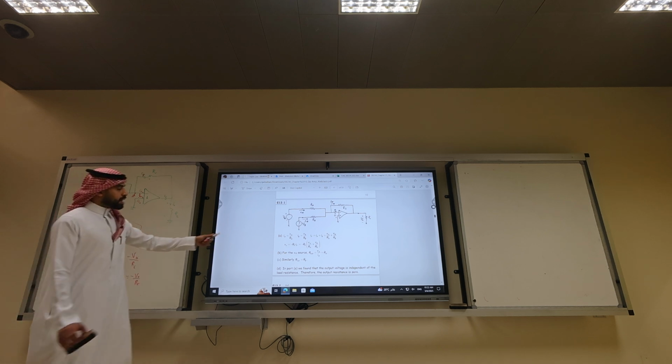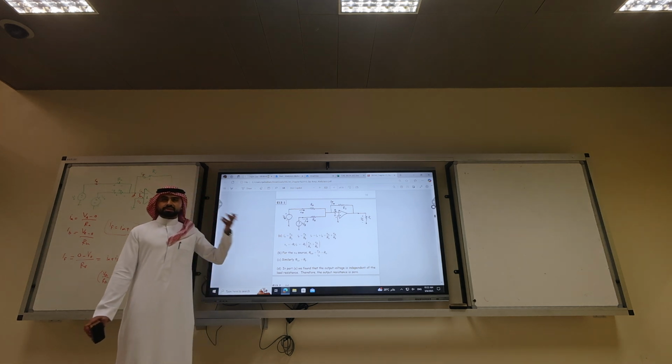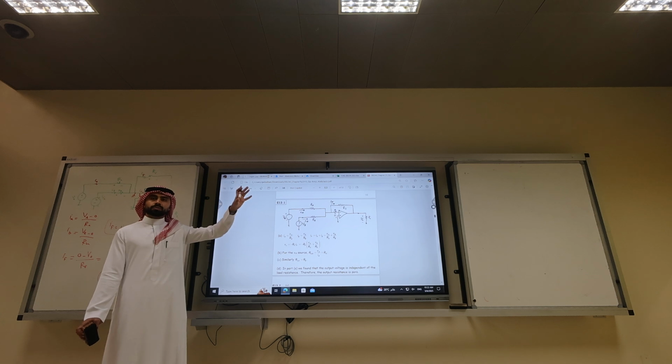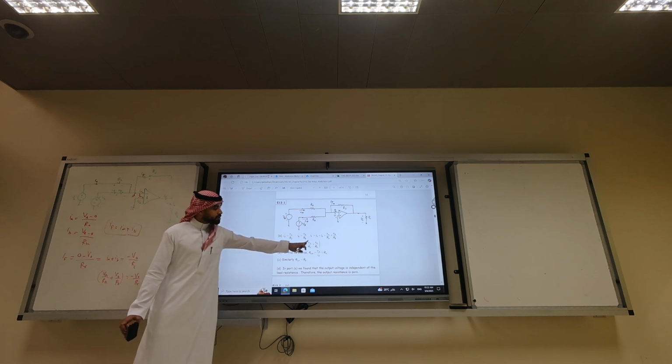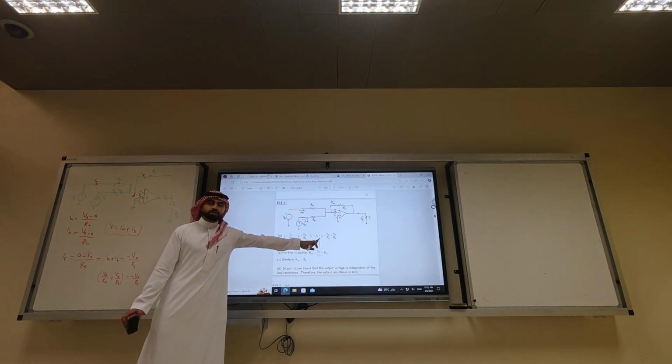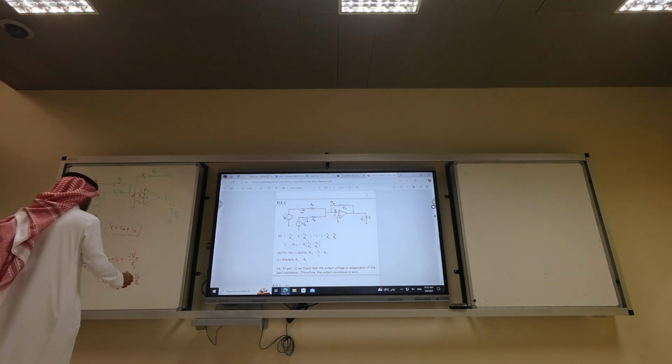So what we are trying to calculate here is not the gain, because the gain is one input over one output. Here we are asked to write V output as a function of VA and VB, because you cannot say a gain if you have two inputs. Okay? So it's very simple.